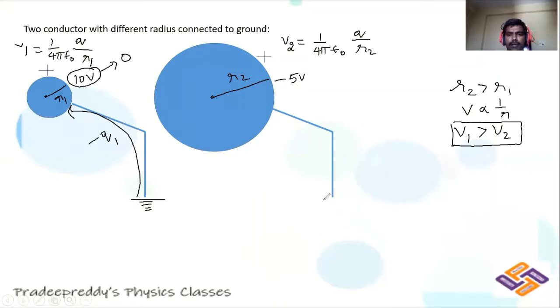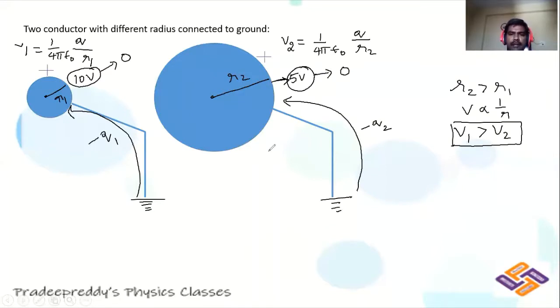Next, you have another conductor in this case. In the second conductor, as its radius is R2, I am considering its potential as 5 volt, and remember this is also positive charge, so it has potential 5 volt. As its potential is less, a smaller amount of charge is transferred to this, and that charge I am considering as minus Q2. Minus Q2 amount of charge is transferred to the conductor in order to make this 5 volt 0, right?